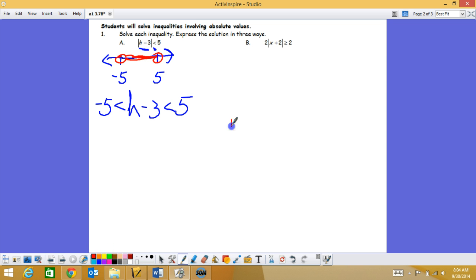To get the h by itself in the middle, we are going to add 3 to all three places: left, middle, and outside. When we do that, we end up with negative 2 is less than h, which is less than 8. So the values for h are all those values that are between negative 2 and 8.